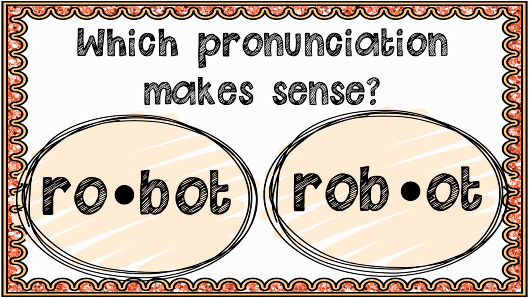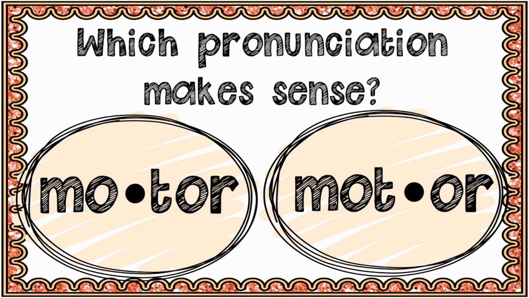We would need to divide right after that O. How about this one? The car had a large and brand new blank. Did it have a motor or a motor? Right, it would have a motor. So that first division is right after the O.